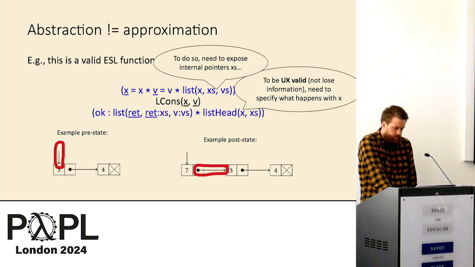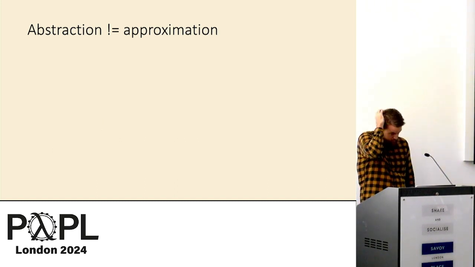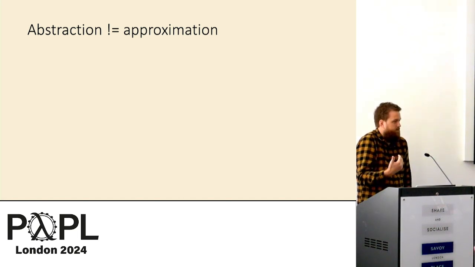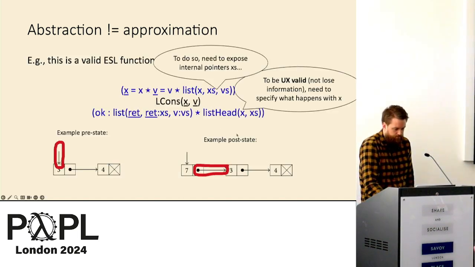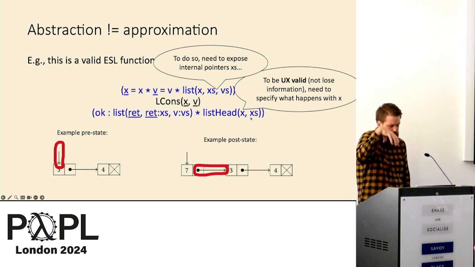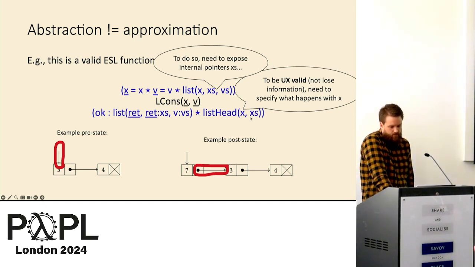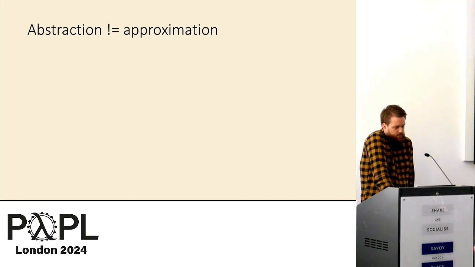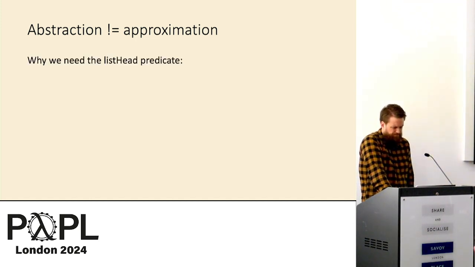Another way to see this would be to think about what would happen if we didn't include this listed thing here, the thing that is restricting where x will end up. Let's say that we actually use the function spec without listed. What would happen then in under-approximate logics?